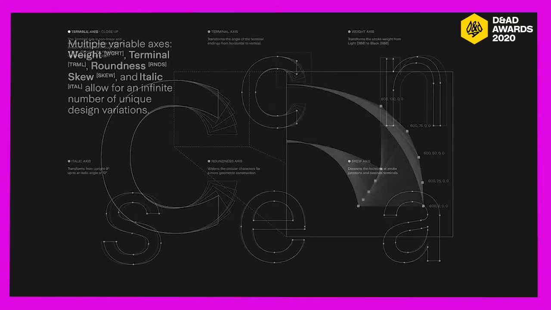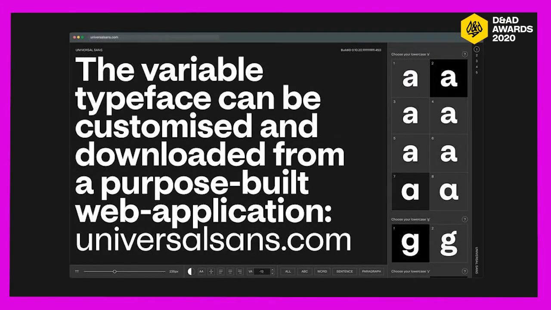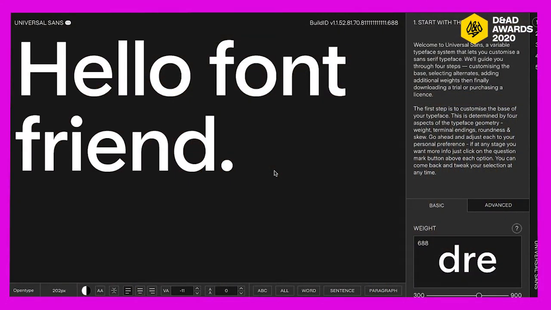Essentially there are three components. There's a typeface, there's a web interface where you can control and tweak variables of the typeface, and then there's a back-end server-side program that takes these selections and generates the fonts that people can then download and try.